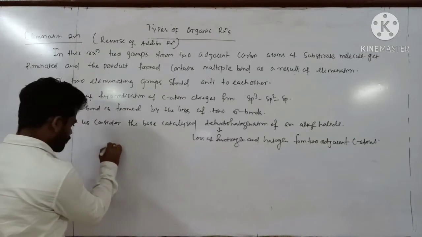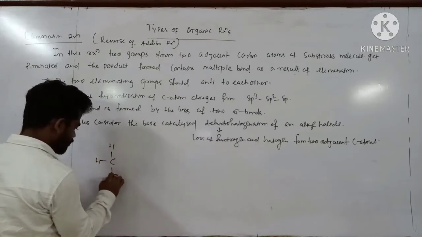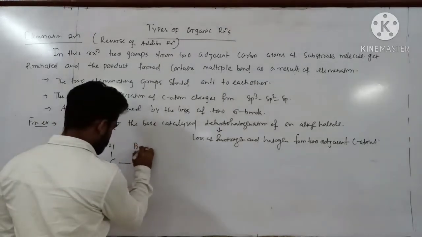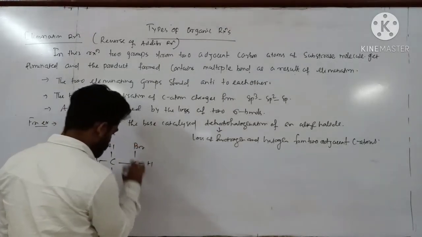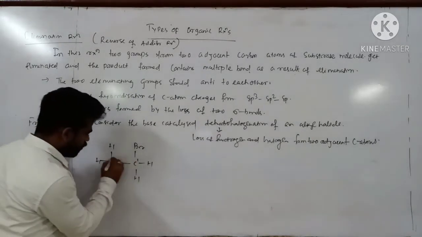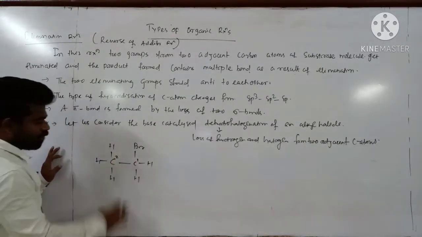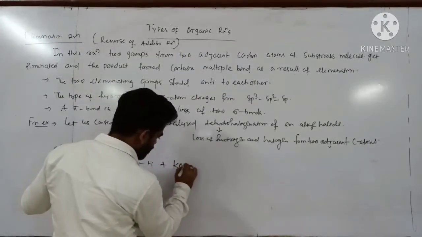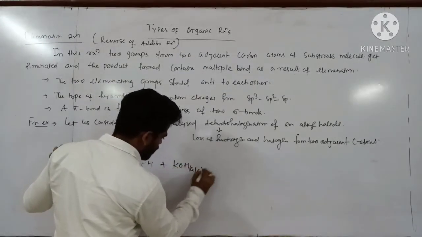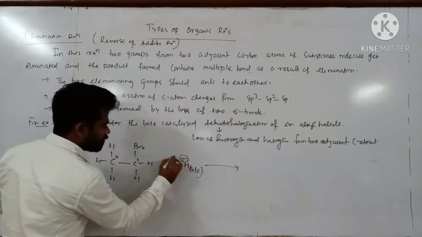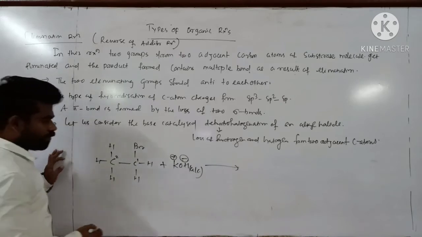Let's see how. Ethyl bromide, CH3CH2Br. So arrangement is like this. Here you see this is 1, 2 position, two adjacent carbon atoms, and base catalyzed. So base catalyzed, that is alcoholic KOH I am considering. So base is OH minus. Now what happens?